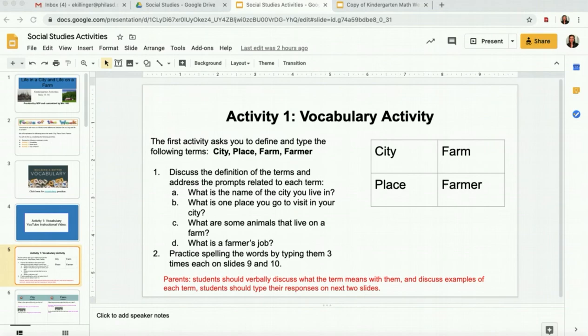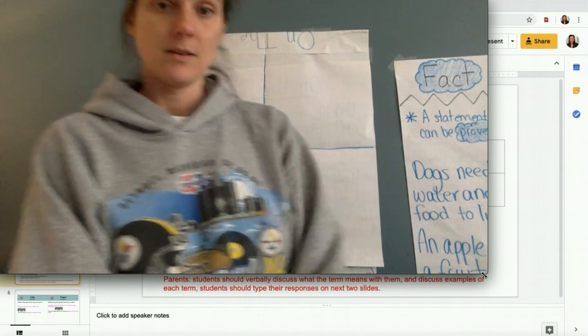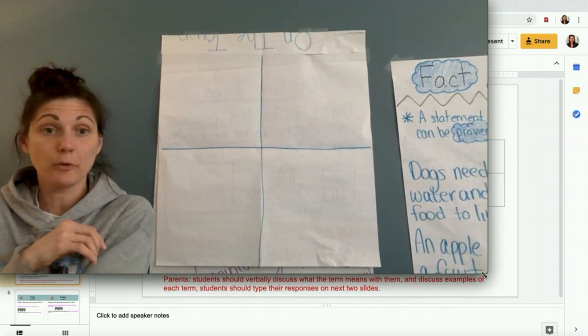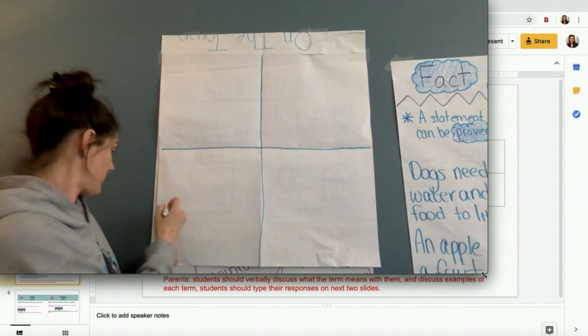All right, let's look back at the slides. So our foursquare that we are making, we're going to use these words in the foursquare. So I'm going to go ahead and do that with you now. All right, so here's my foursquare. I'm going to use my blue marker because you're writing too. Make sure this is the one that works.